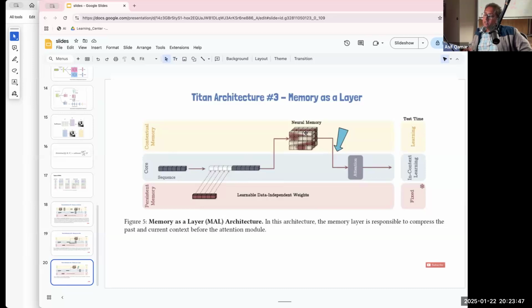Whatever is currently happening is joined with some persistent memory and then fed into the long-term memory. And then from there, the abstraction comes out and is fed into attention. So it's a slight variation. This is called memory as a layer.